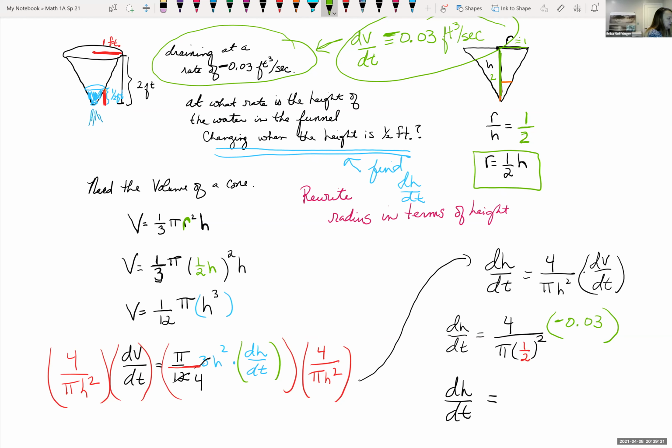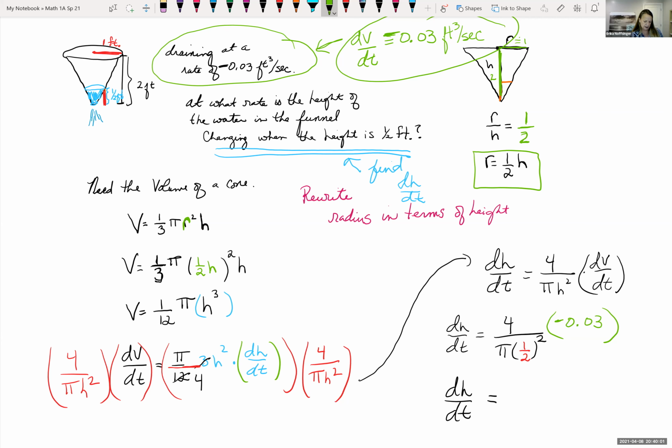I'm looking for my calculator. So if we look at 4 times negative 0.03, and we're going to divide that whole thing. I need parentheses around this whole thing. Pi times 1/2 quantity squared is 1/4. So pi times 1/4.